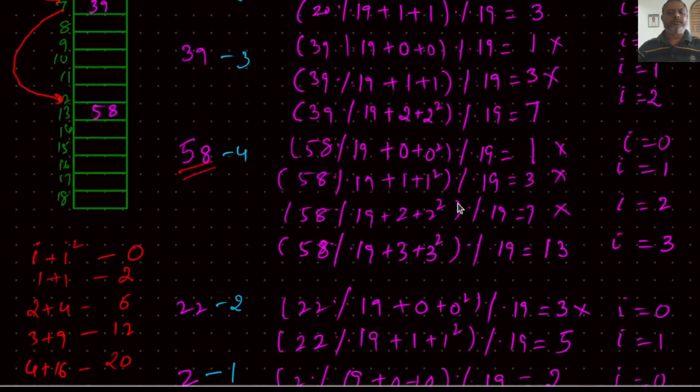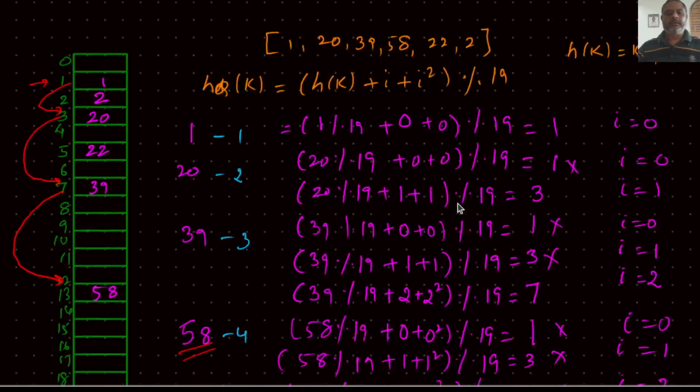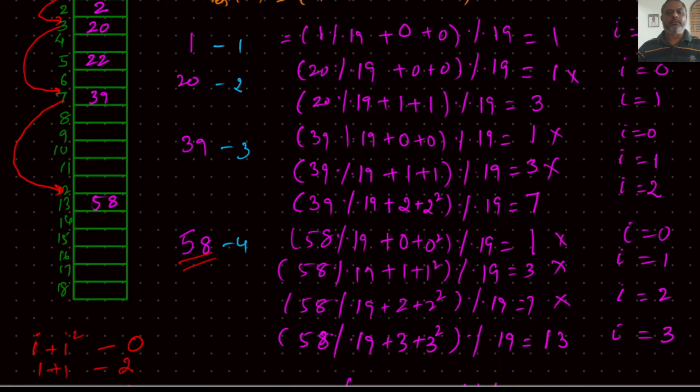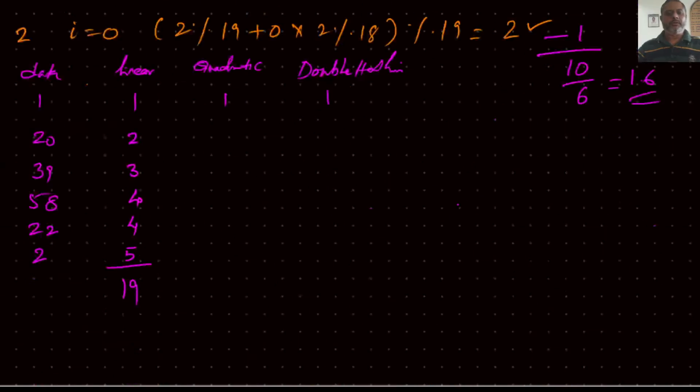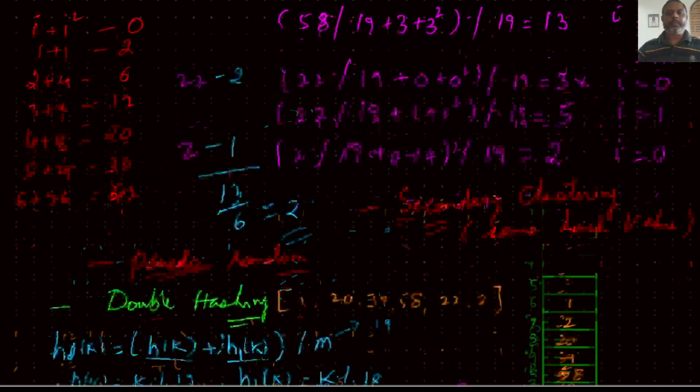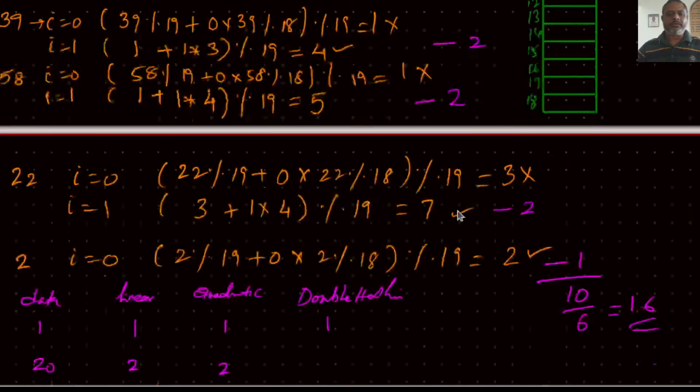And in case of quadratic, it was 1, 2, 3, 4, 2, 1, 1, 2, 3, 4, 2, 1, and that made a total of 6, 4, 13.